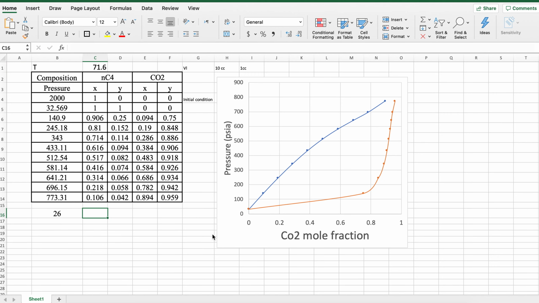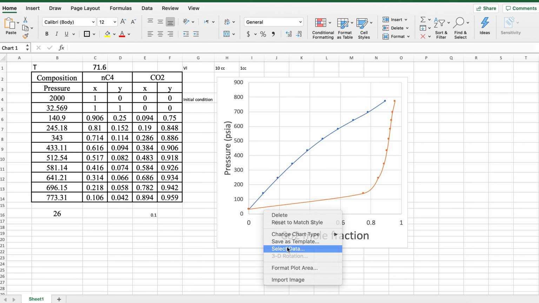For 26 psi, for the CO2 gas saturation, for the CO2 liquid saturation of 10%. So one dew point obtained to be for 10%, 26 psi. So I'm going to add that extra point as well.